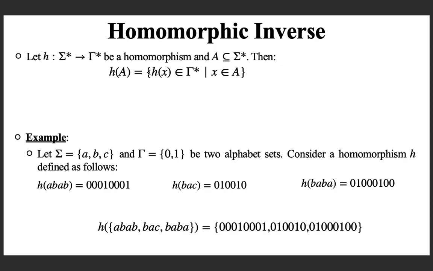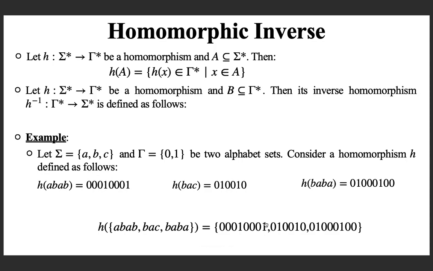Individually you apply and take all such images, and that's it. And now we can define the inverse. Suppose h is a homomorphism from sigma star to gamma star, and B is a subset of gamma star, that is, B is a set of strings in the codomain.